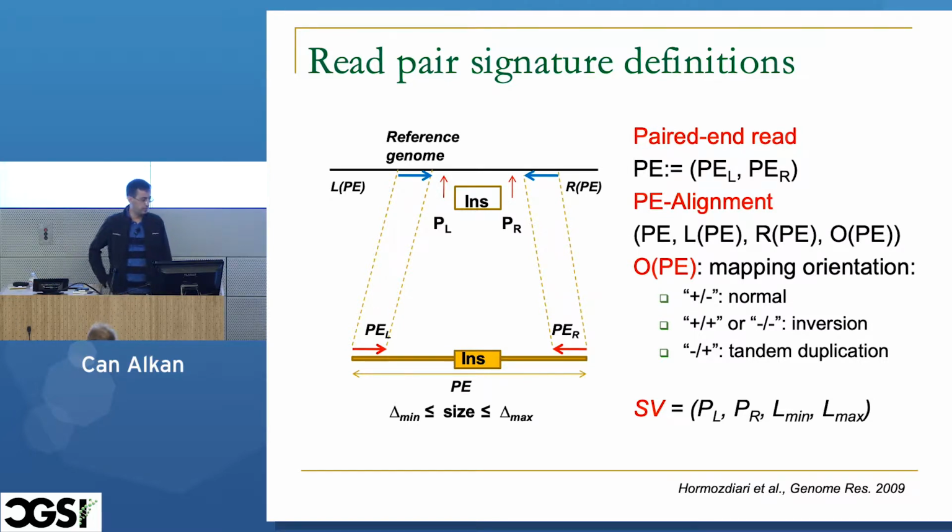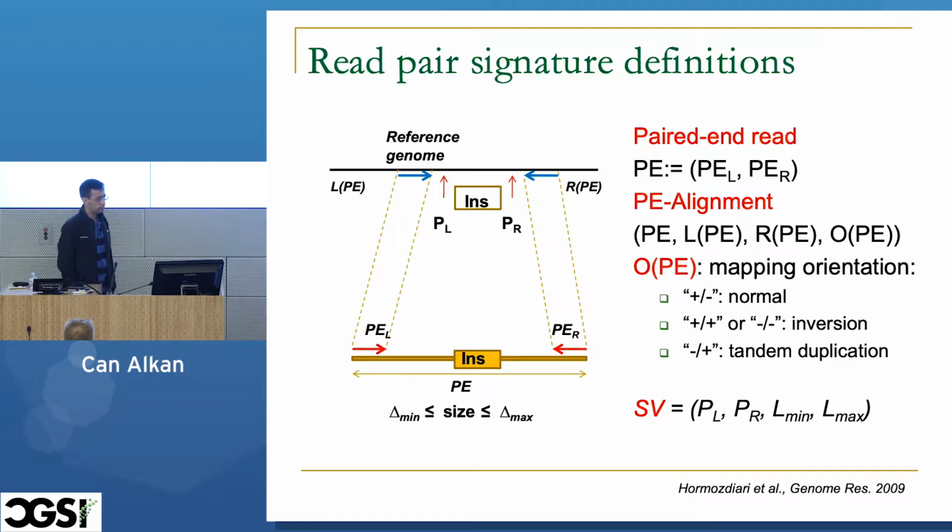Since I don't really have 5 hours to go through these, I'll just show you the main ideas of read pair analysis. Let's say here we have an insertion in the bottom. That yellow box is inserted, and then from left and right we have the paired end reads. We know the average size of this PE molecule, which for them is about 500.